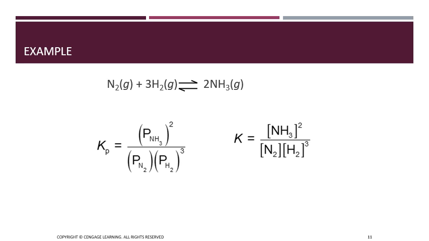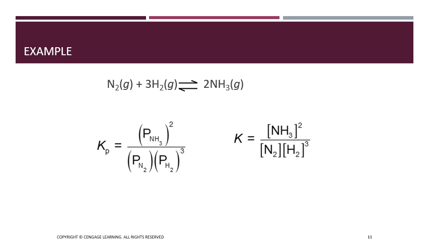When we look at gaseous systems, we can either treat them as a concentration, in which case we would use the brackets, or we could solve for Kp instead, which deals with the partial pressures for each of the gases. When we do the Kp for a particular reaction, we use parentheses instead of brackets. So just remember, parentheses, partial pressures, both start with a P, so those go together.